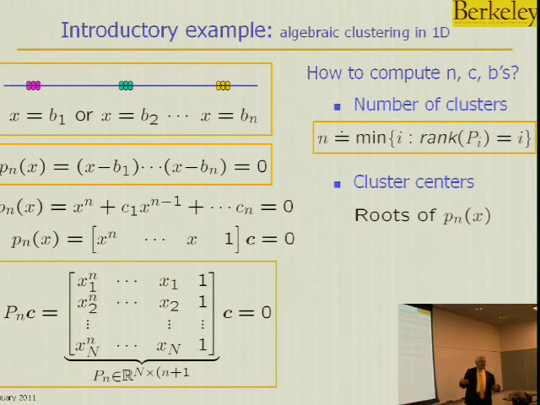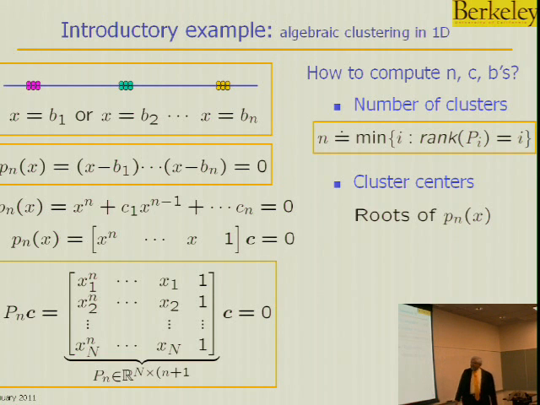This is for capital N sufficiently large. You need enough data, or at least capital N should exceed i, the number of points should exceed the number of clusters. Every cluster should have at least one member, so it's not a terribly different thing. So that tells you the number of clusters.